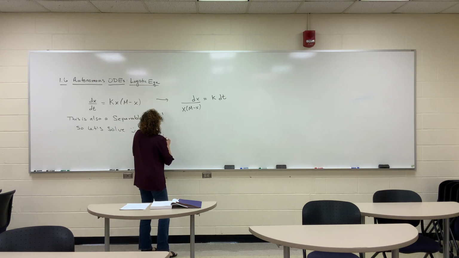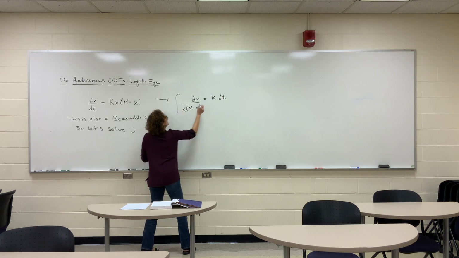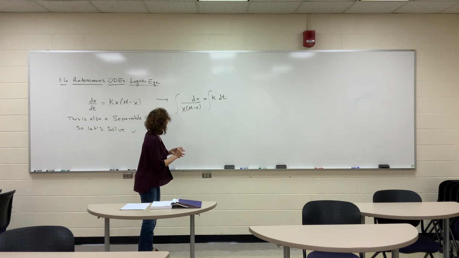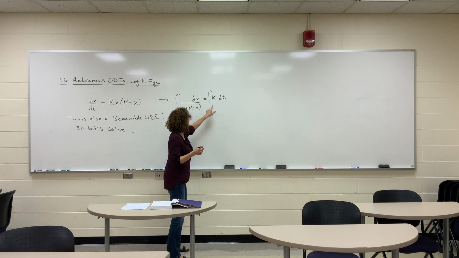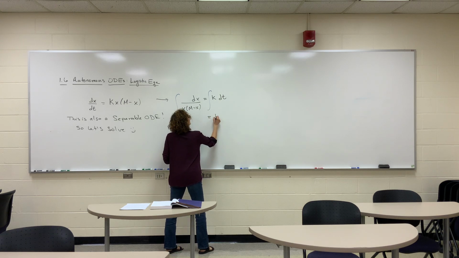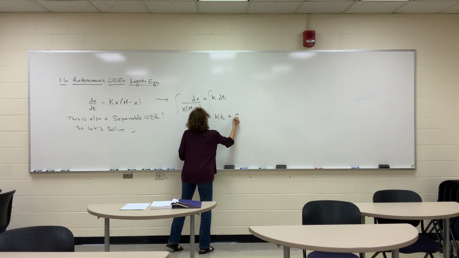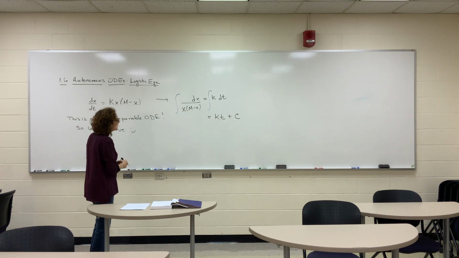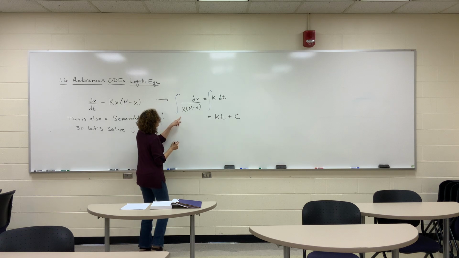So my next step, I'll just use another color. Okay, now we can integrate these guys. Well, this side's super easy, right? What is the integral of a constant k with respect to t? Good. kt plus c. Yeah? Okay. So now the question is, what is this integral?